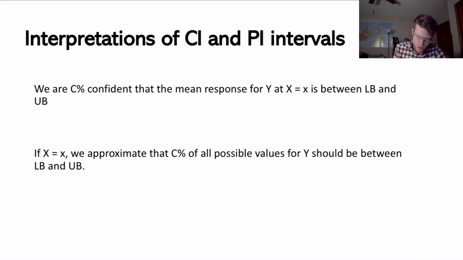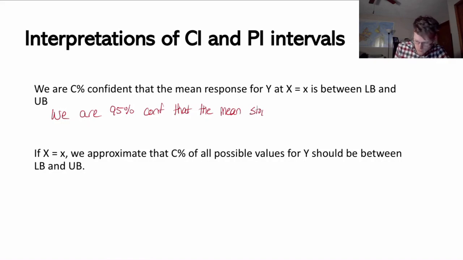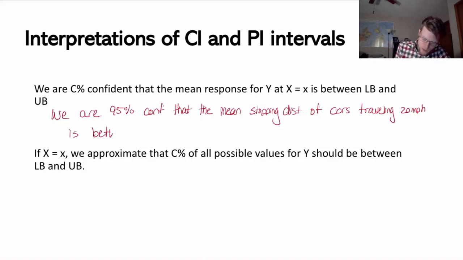In the case of the cars, I'll say we were 95% confident that the mean stopping distance for cars traveling 20 miles per hour is between those two values, 55 point something and 69 point something.